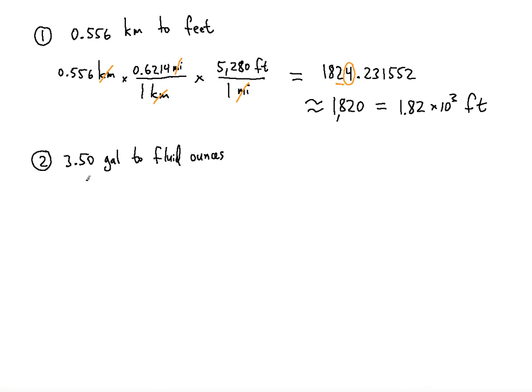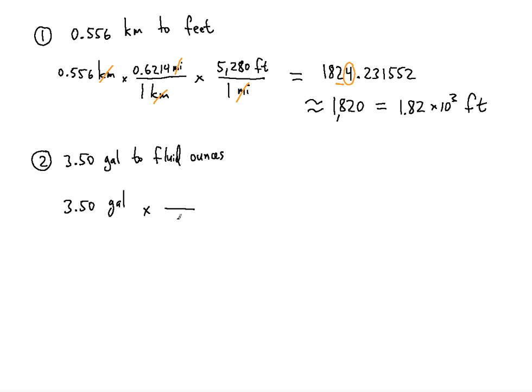Okay, let's discuss this example. We're going to take 3.50 gallons. I'm not saying 3.5, because we're going to be dealing with 3 significant figures. So 3.50 gallons, and then we're going to multiply it by the first conversion factor. We need to find fluid ounces, but before we get there, we have to convert gallons into liters.